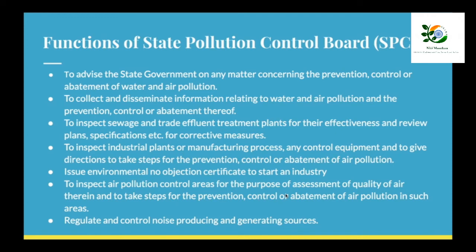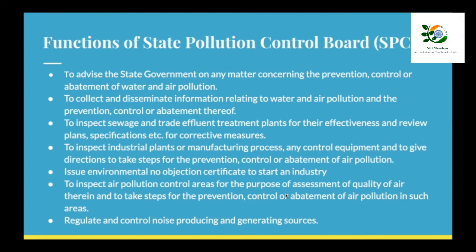The board collects and disseminates all the information related to water and air pollution and its prevention and control. It is the duty of the board to inspect the sewage and trade effluent treatment plants for their effectiveness, and also to review plans and specifications, etc., for corrective measures.